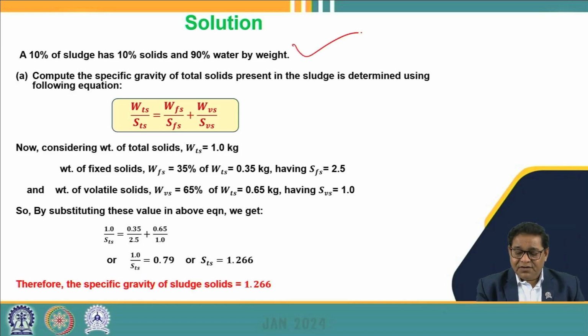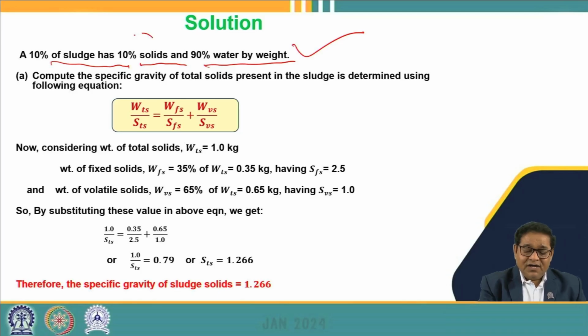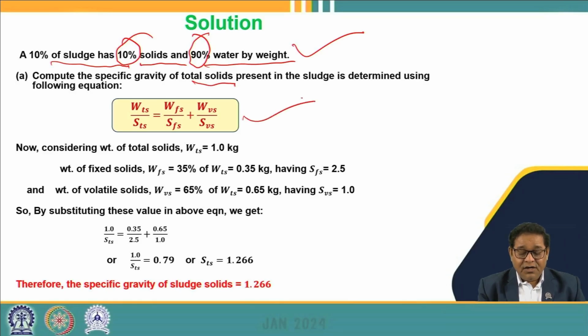So here if we see, it is given that the sludge has 10% solids and 90% water. It means the sludge has 10% total solids and the rest 90% is water. So using this data we can find out the specific gravity of the total solids using this formula, which is WTS divided by STS, which is equal to the weight of the fixed solids divided by its specific gravity plus the weight of the volatile solids divided by its specific gravity.